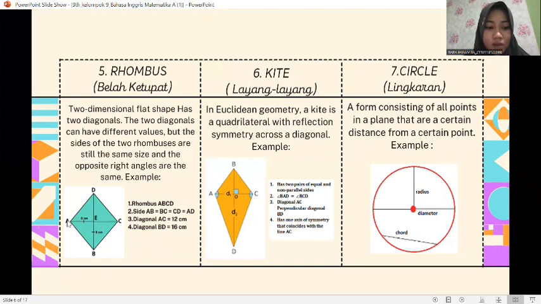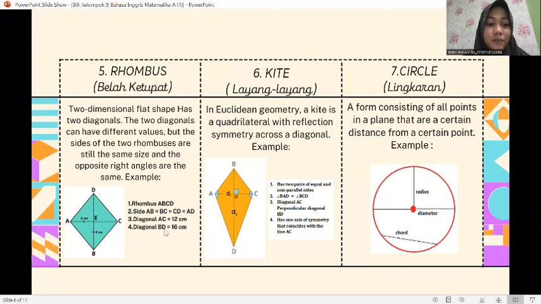AE equals 6 centimeter. But sides AB equals sides BC equals CD equals AD. We have EC 6 centimeter. So AE plus EC equals 6 plus 6 centimeter equals 12 centimeter.